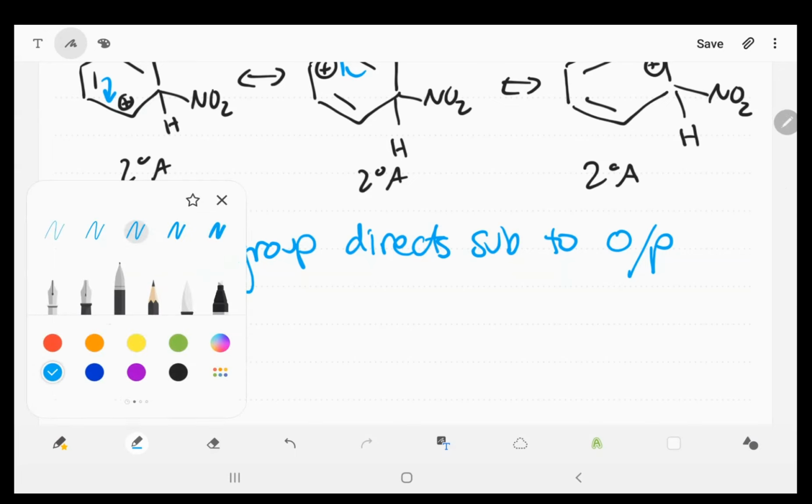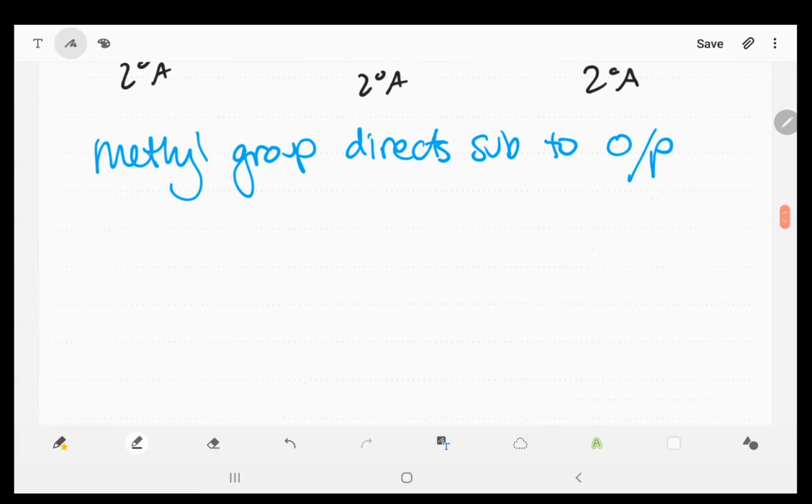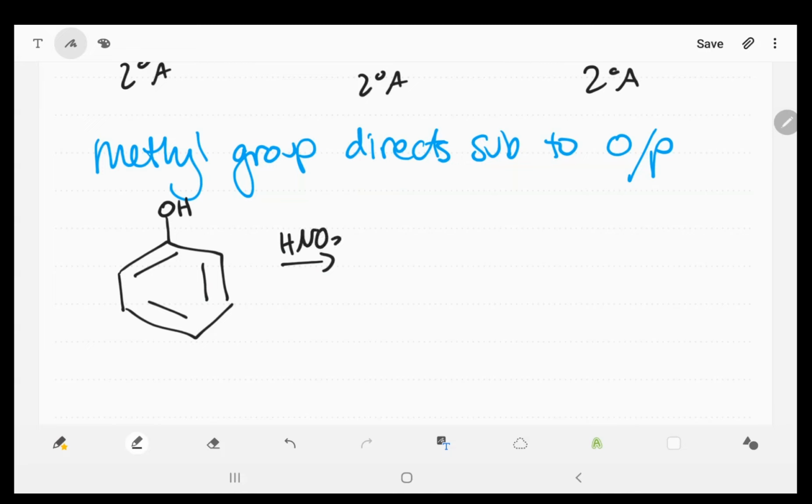If we take a look at another substituent, instead of a methyl, why don't we do something a little bit more electron donating? Let's look at phenol. If we nitrate this, we're almost exclusively going to get ortho and para.